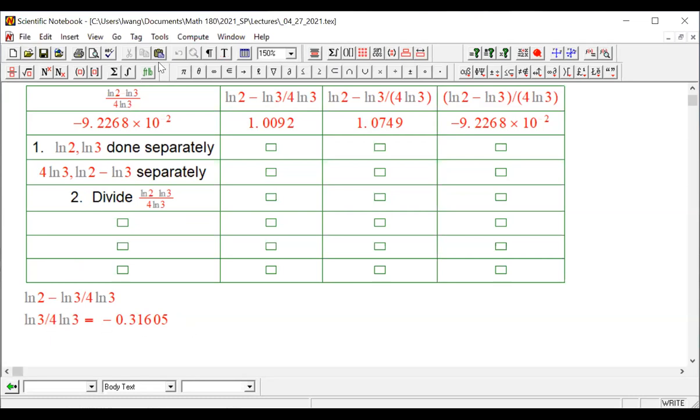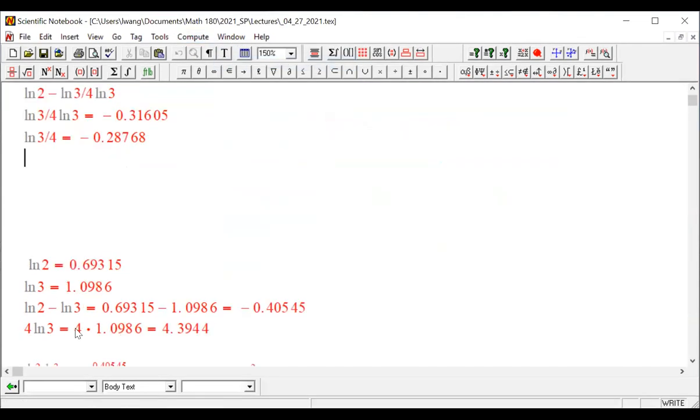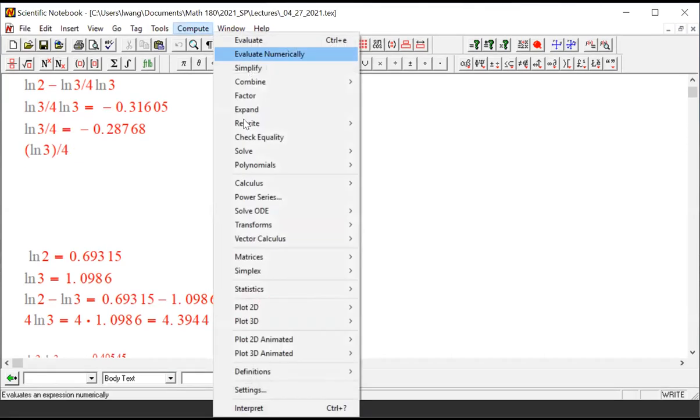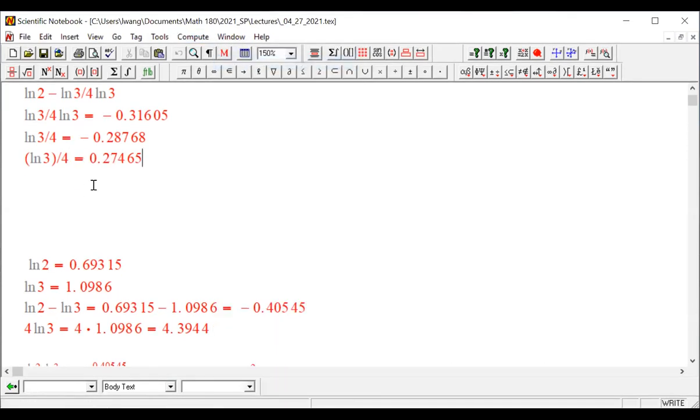So I'm going to ask, is it ln 3/4, or is it ln 3 divided by 4? Do you understand my question? Very different. Do you see?